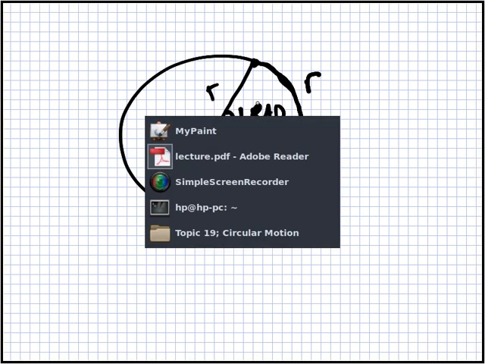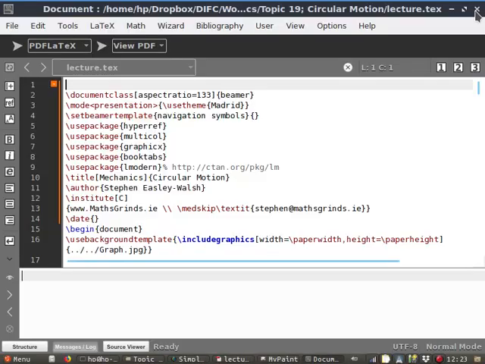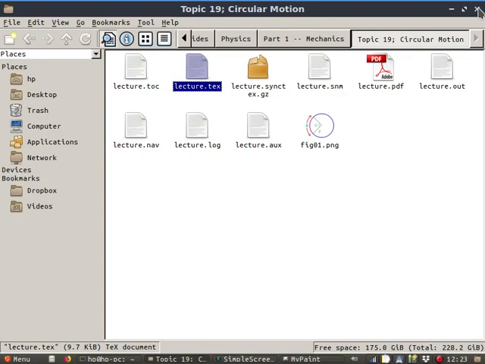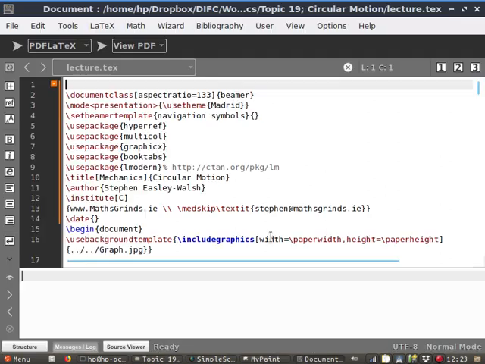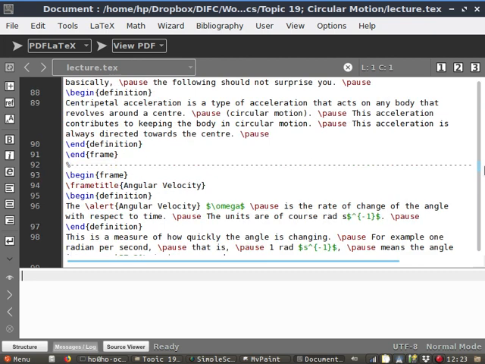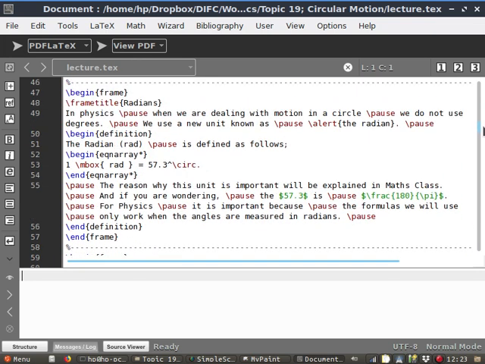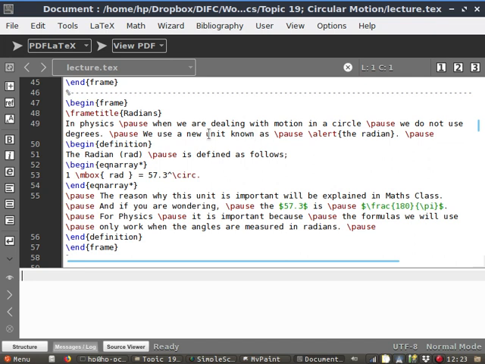Now, maybe I'll change the definition a little bit. Let's do some live changing of the notes here. I'll make the definition a little bit nicer. In physics, when we're dealing with motion of a circle, we do not use degrees.